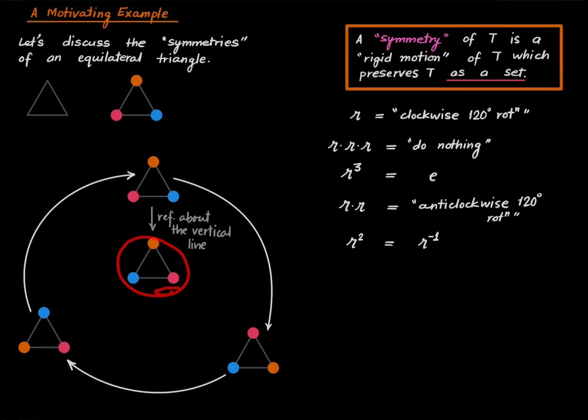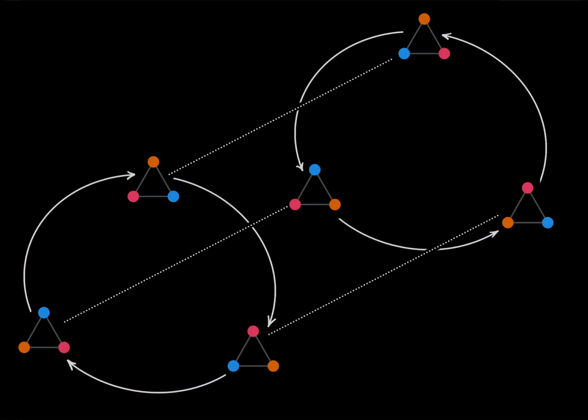And this configuration is nowhere to be found amongst the 3 that we already have. You cannot apply rotations to get a reflection. So we need to expand our set of configurations to capture the reflection about the vertical line. And that is what we do in the next slide.